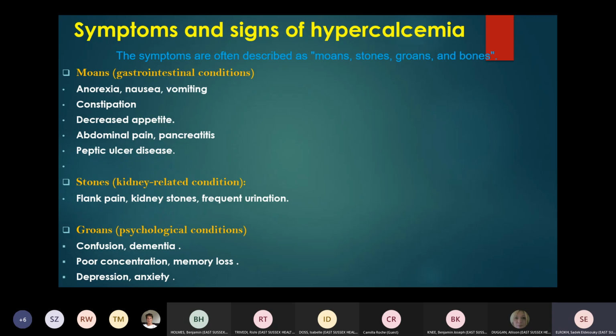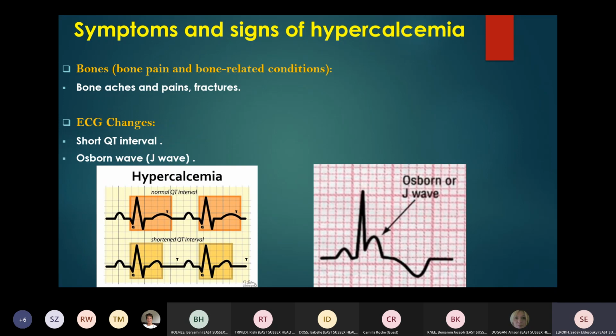This is moans, which is related to GIT symptoms. Stones is related to kidney stones, so flank pain, kidney stones, and frequent urination. This is stones. Groans is related to psychological disturbance, including confusion, dementia, poor concentration, lethargy, memory loss, depression, and anxiety. So, moans, stones, groans, and bones.